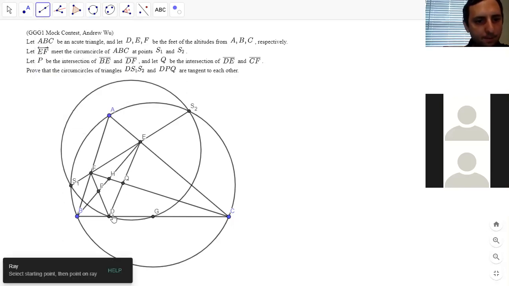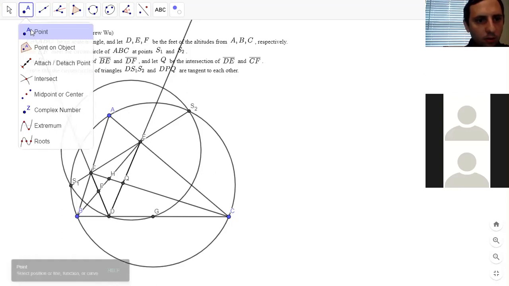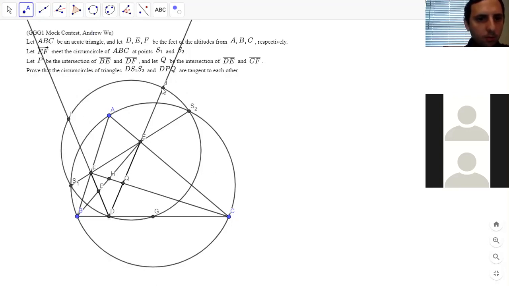That's probably the easiest way, right? I'm gonna try that. We just have to show, I guess, S1, S2, PQ, and BC are concurrent. PQ and BC. Okay. Hold on a sec. So I'm going to draw those.